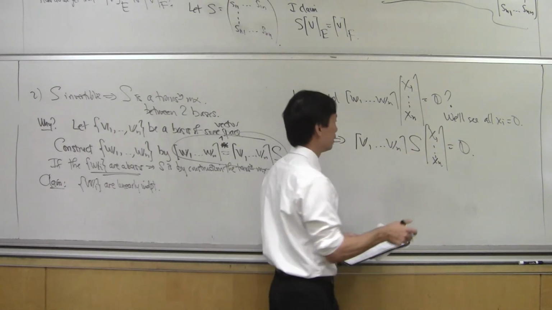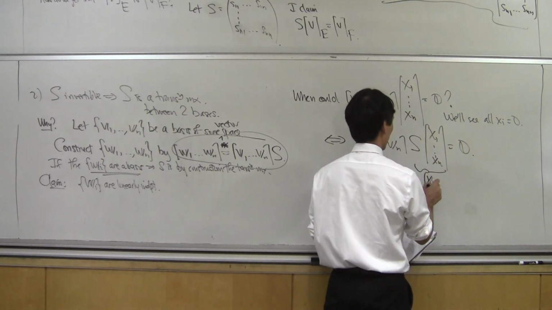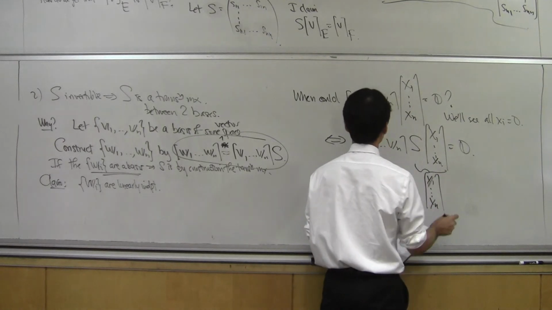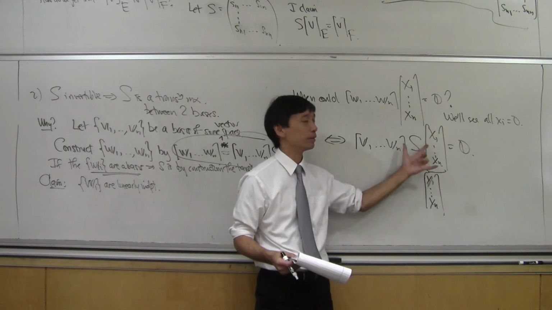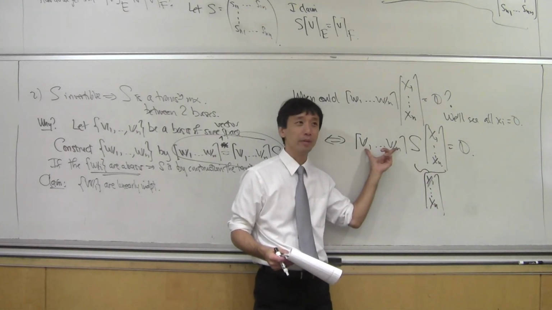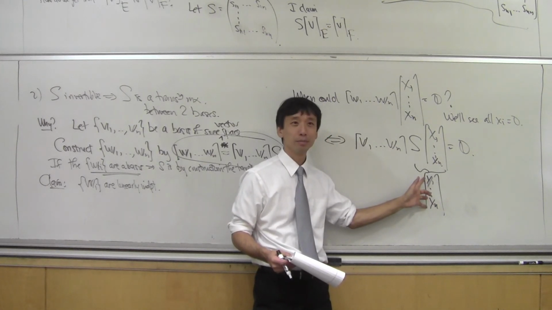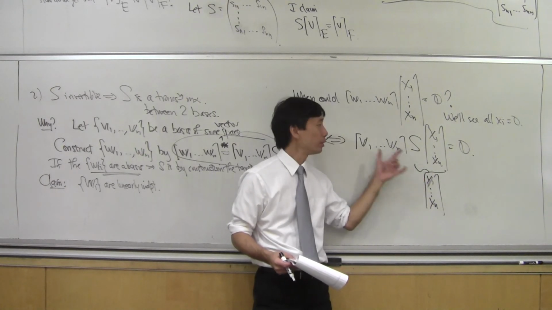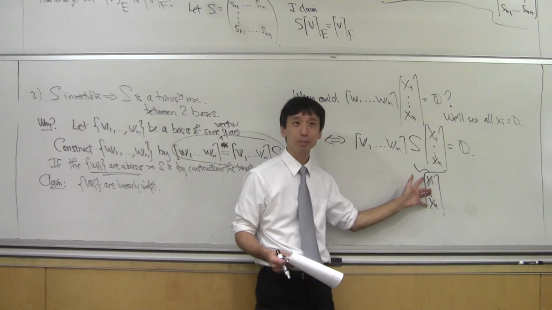This again is some y1 through yn. So this is equal to 0 if and only if this is equal to 0. But the V_i's are independent, right? The V_i's were a basis. So what do we know about the y_i's? The V_i's times this is equal to 0, so the y's must be all 0.